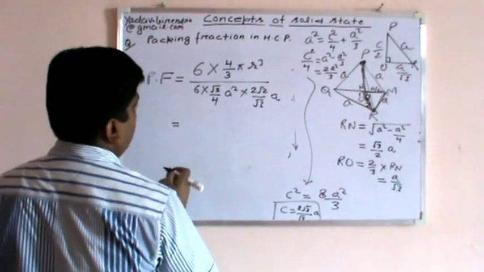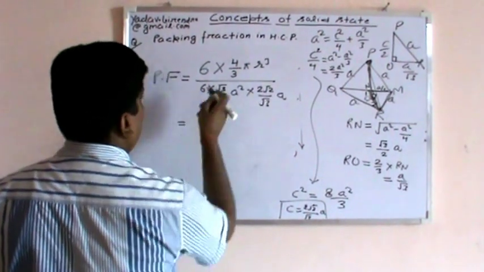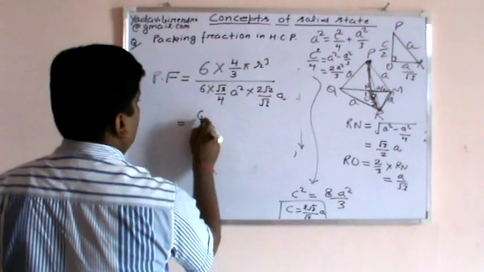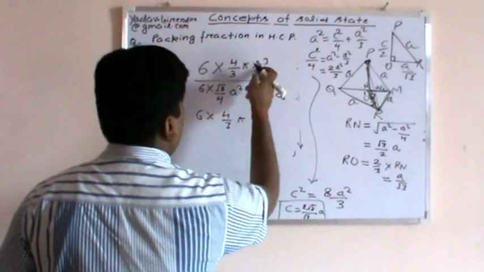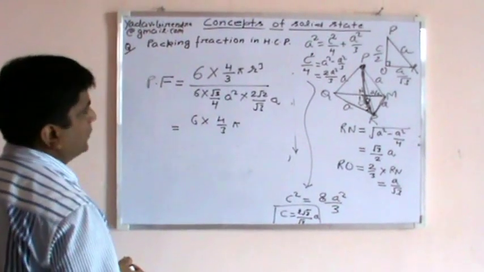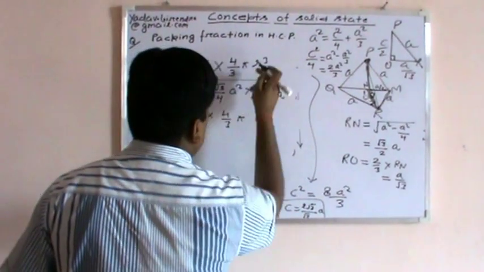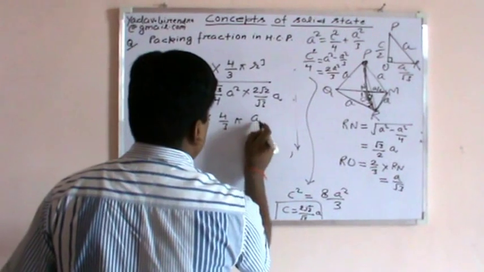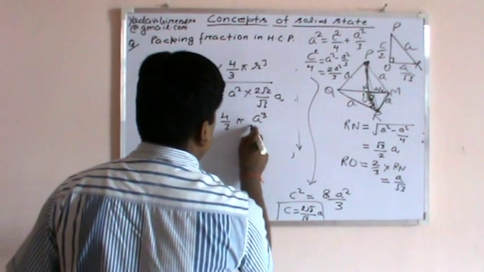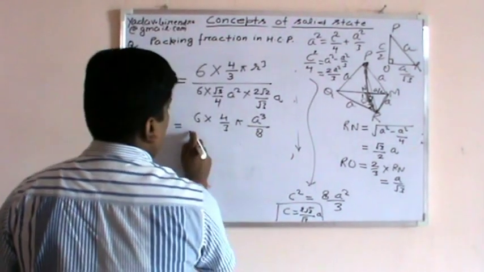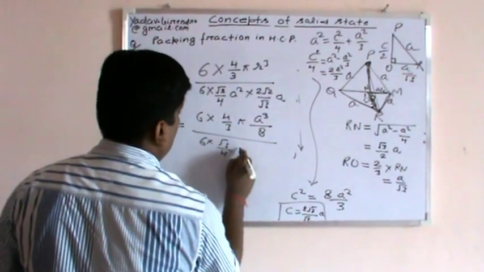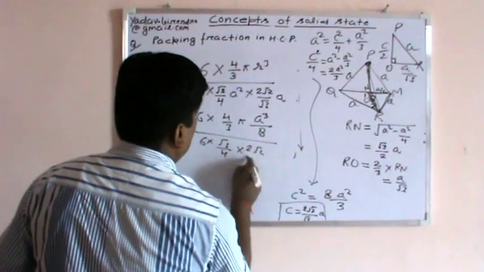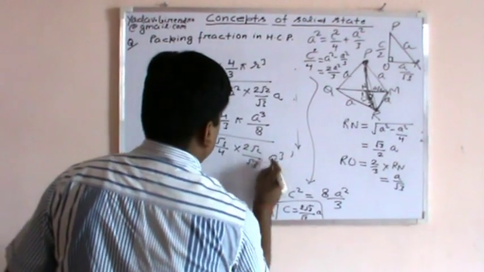So it will become 6 into 4 by 3 pi. As we know 2r is equal to a, so the value of r in terms of a will be a by 2, so I can write a cube by 8 upon 6 into root 3 by 4 into 2 root 2 by root 3 a cube.